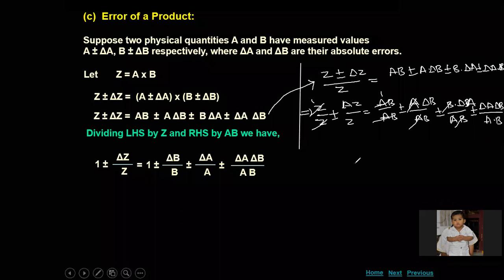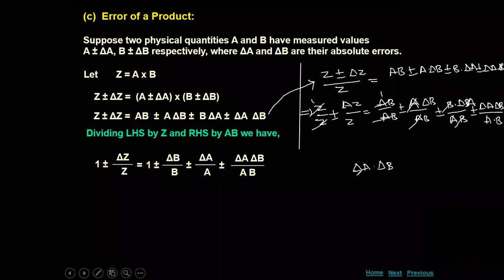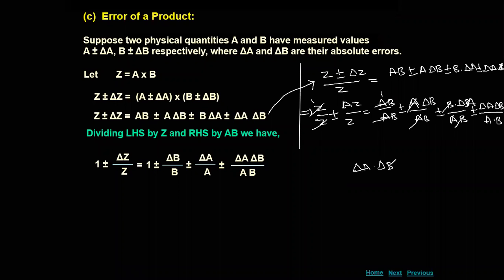Here usually delta a and delta b values will be very small when we are taking them. Delta a means error, we will get it in decimals only. Delta b is also an error, we will get it in decimals only. Suppose we have 0.1 into 0.1, what happens? 0.01 we will get, right?